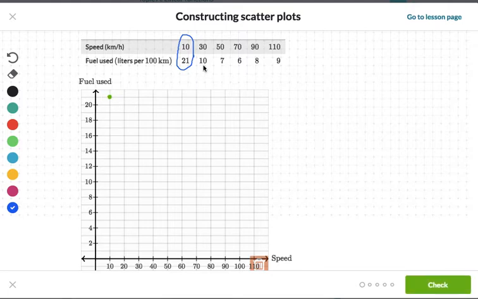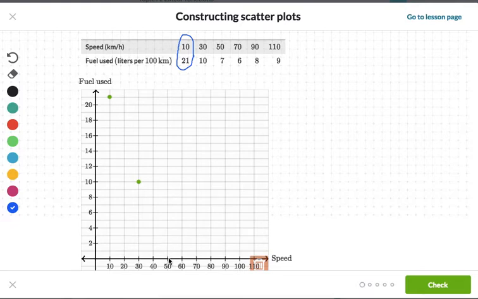Okay. The second one here, we have a speed of 30 kilometers per hour and 10 liters used. And so on from there.